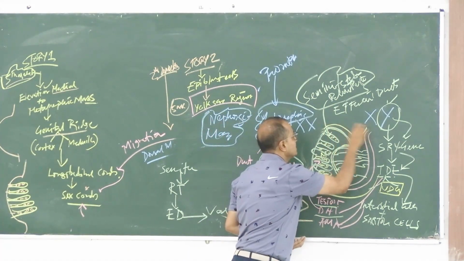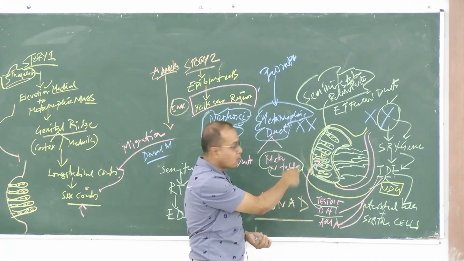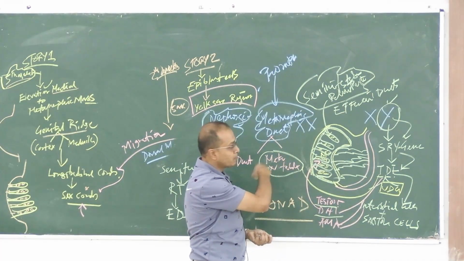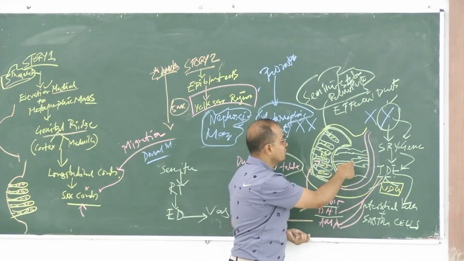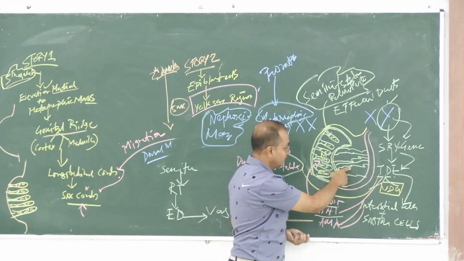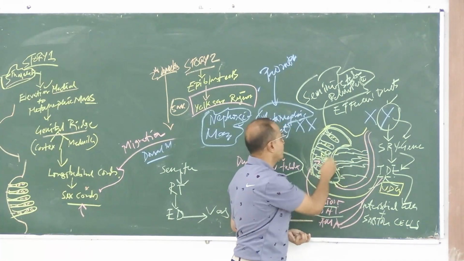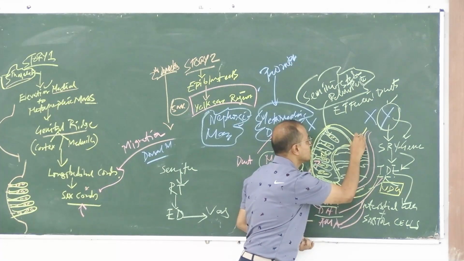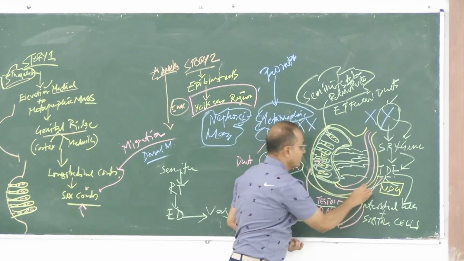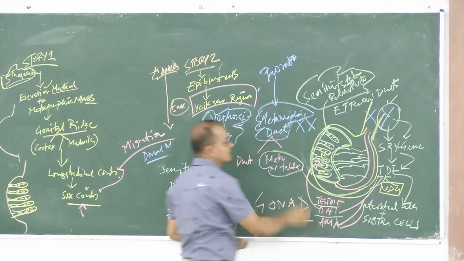So this testis gets the seminiferous tubules from the sex cords, gets the germ cells from the primordial germ cells, gets the efferent ductules from the metanephric tubules and the vas deferens from the metanephric duct itself, and they form the whole epididymis with the testicles. That's how this is formed.